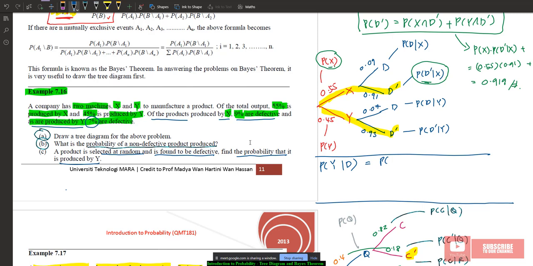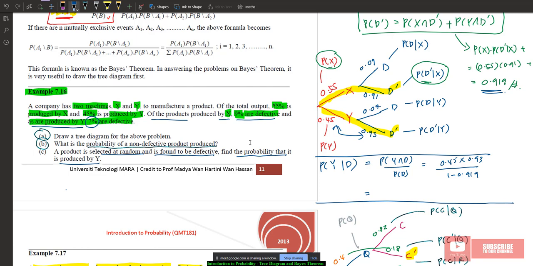So by using Bayes' theorem, it is P(Y intersect D) divided by P(D). We already calculated the probability of D complement, so this is 1 minus 0.919, and the probability of Y intersect D should be equal to 0.45 multiplied by 0.93.